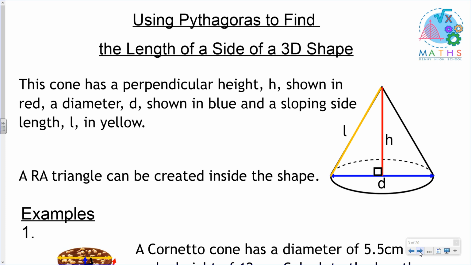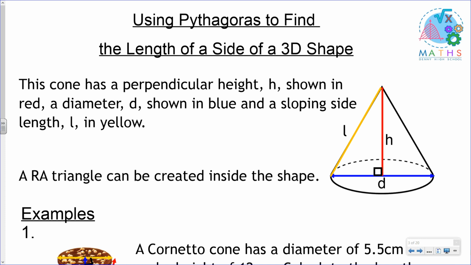So we're going to look at a few different 3D shapes. The first is a cone. So this cone has a perpendicular height, h, which is shown in red in the diagram, and a diameter d, shown in blue, and a sloping length, l.